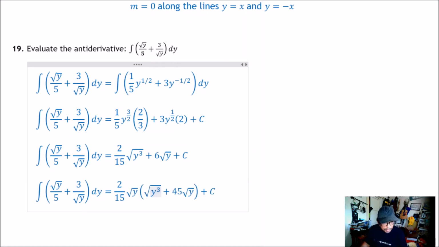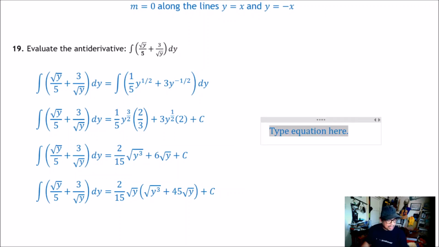For this first term, I think that's the one that people have a little bit of difficulty with. We have y to the 3/2 power divided by y to the 1/2 power. When we divide two exponents with the same base, we just need to subtract the powers.